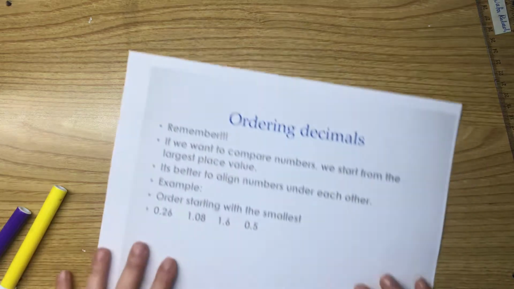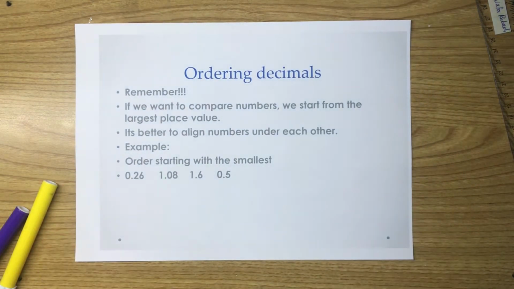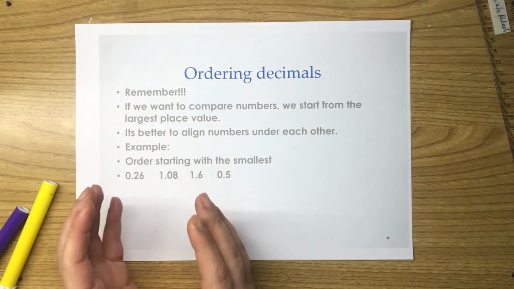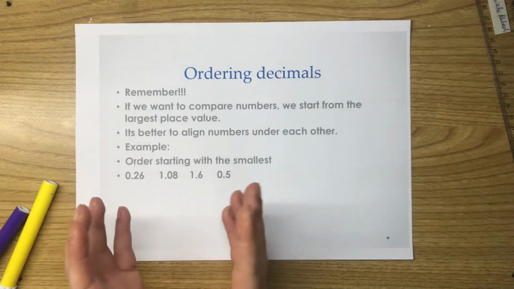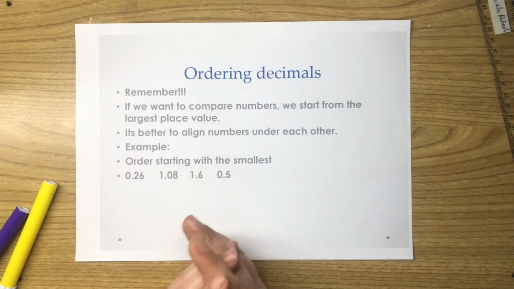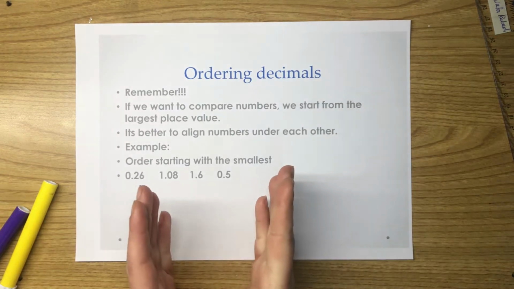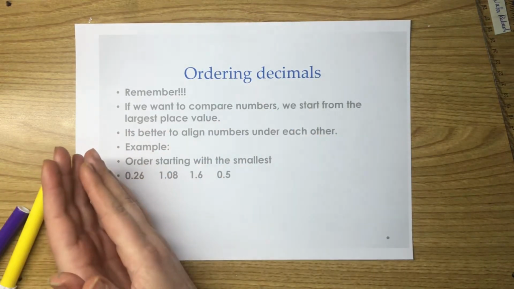Ordering decimals. Remember, if we want to compare numbers, we start from the largest place. So if we are comparing two decimal numbers, one that has a tens place and one that has only a whole ones place, definitely the one that has the tens place is larger.